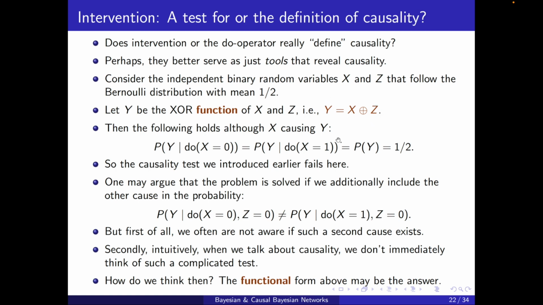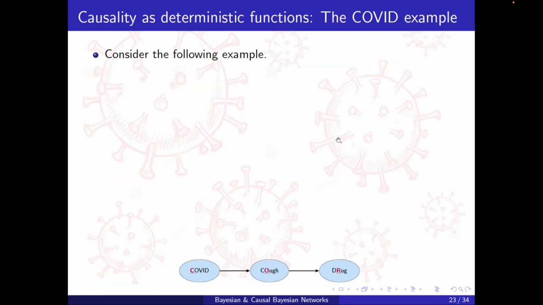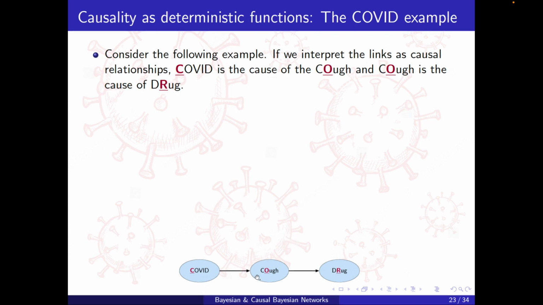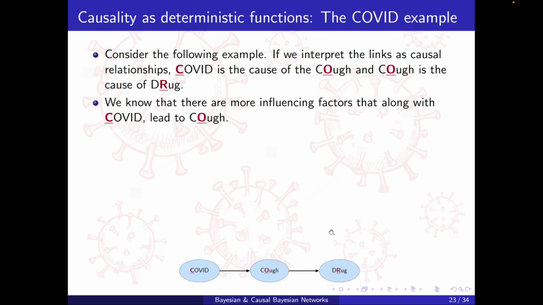Okay, let's see that in an example. Consider the following example: COVID, cough, and drug. If we interpret the links as causal relationships, then COVID is causing cough, and cough is causing whether the individual will take the drug or not. Now, we know that there are more influencing factors that along with COVID lead to cough.